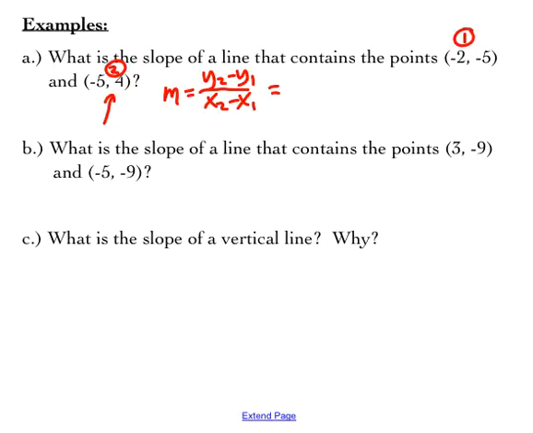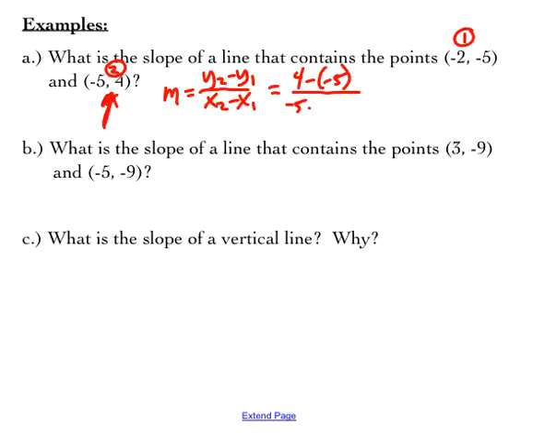So my y coordinate there is 4, and I take the y1 from over here. Be careful of the signs. It is minus the value of y1, and make sure you do them in the same order. If I took the y2 from this coordinate point, I need to do the same order for the horizontal, or x, coordinates as well.